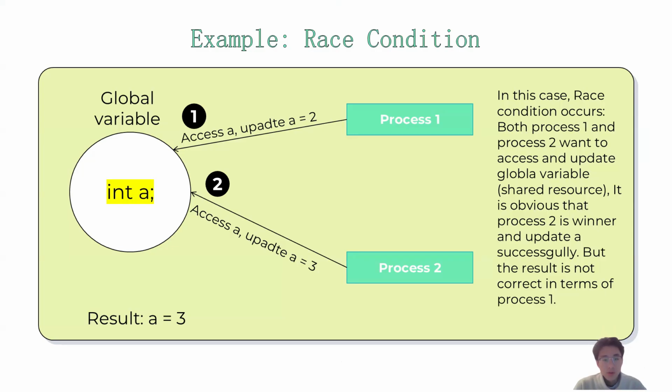Firstly, process one accesses a and updates a equals 2, and secondly, process two accesses a and wants to update a equals 3. In this case, a race condition occurs, because process two is the last process to access the global variable a. So the result is 3.